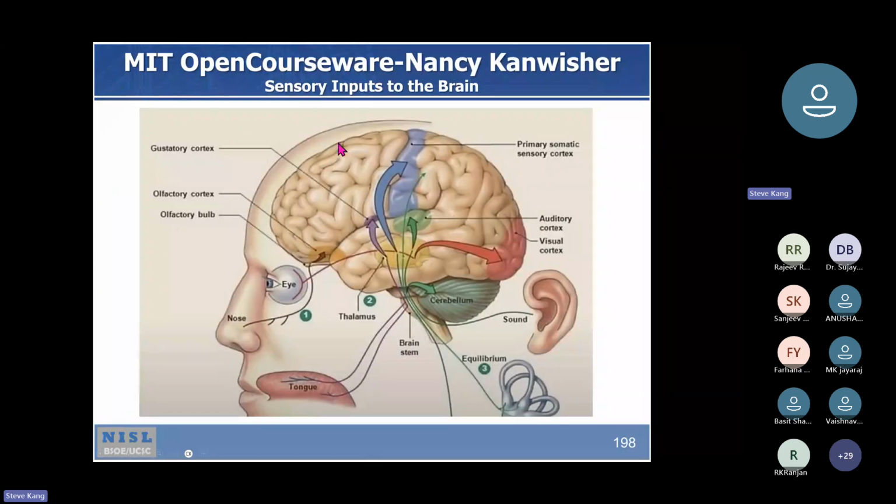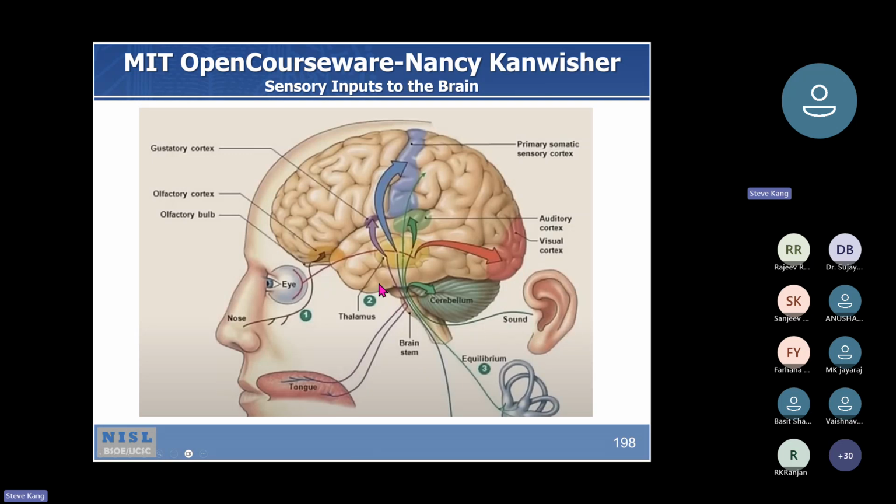If you look into the organization of a human brain, it is tightly connected to vision, smell through the nose, taste through the tongue, and sound through the ear.